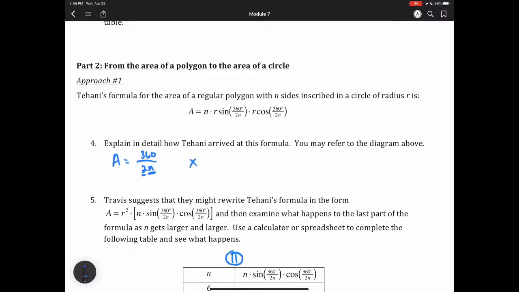Then we also know x is equal to r times the sine of 360 degrees over 2n. And that's found just by using some trig and then rearranging that trig equation. Then we also find the height of the triangle in a very similar way, but this time instead of sine, we use cosine because that's the trig function with the ratio of the adjacent side to the hypotenuse. So all of this is found just by trig ratios and plugging different things in.